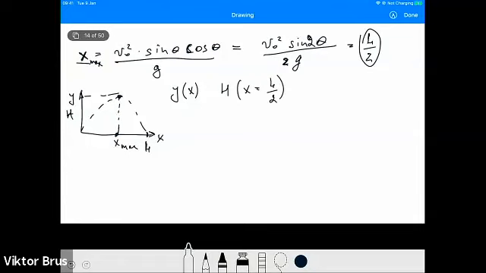Yeah, you can repeat this, check this by yourself. So we will not spend too much time on this. But this is the way you can approach this problem with the equation which describes the trajectory of the projectile motion. So it is not necessary that you always need to work with time.